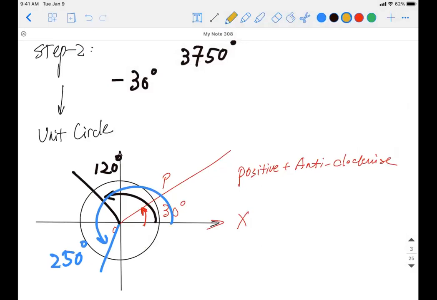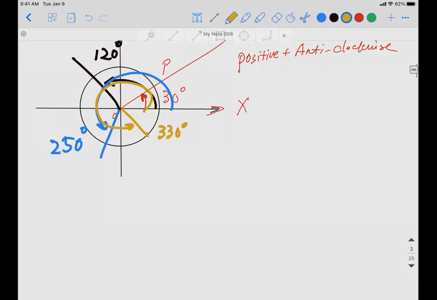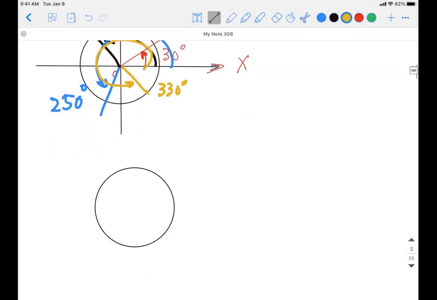Or if this angle goes to here, maybe 330 degrees. So I can actually define a bigger angle, not only up to 90 degrees, and so forth.